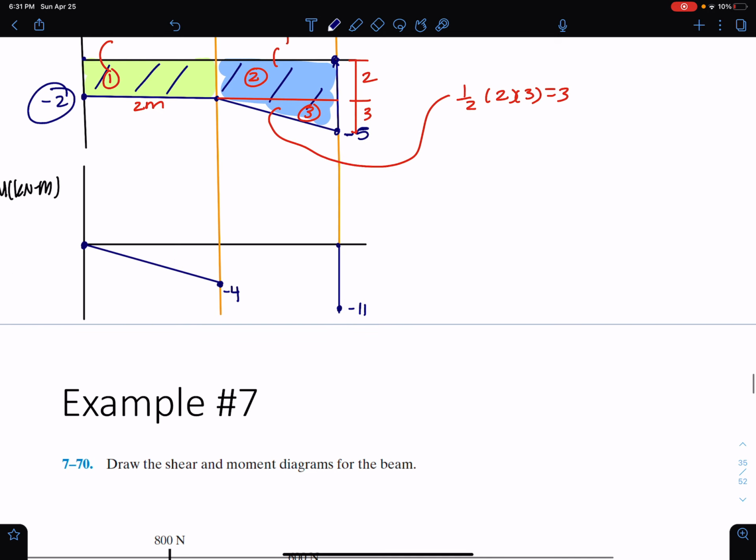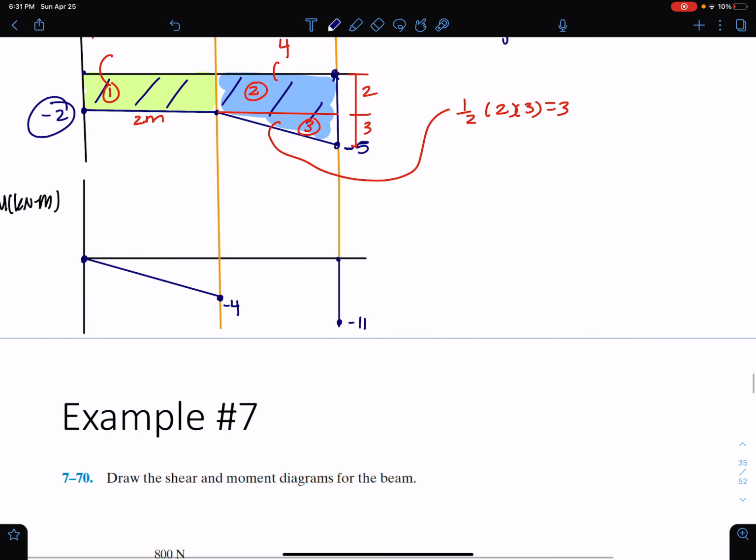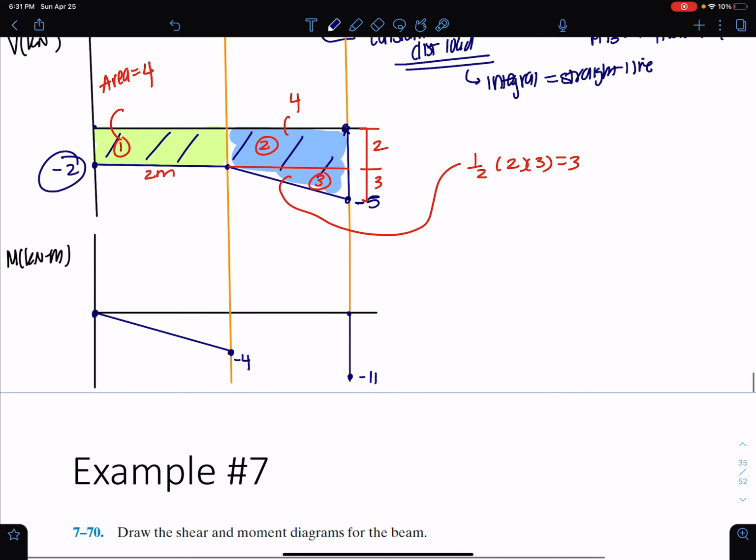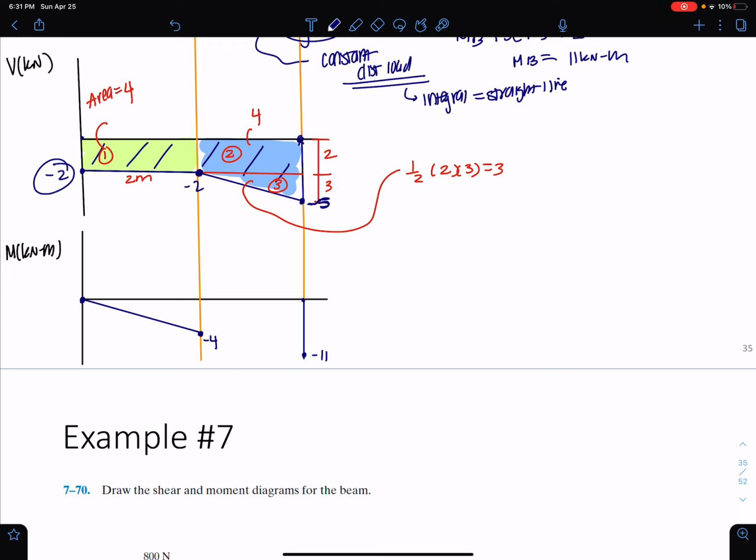For that blue area, I have a straight line. So I know that this has to be a curve. And the curve is going to start out with a slope equal to this value here of -2, and end with a slope of -5. So it's getting more negative. So it's going to be -2, more like -5. So I'm just going to connect. It's a little bit too much. Let's see. Something like that.